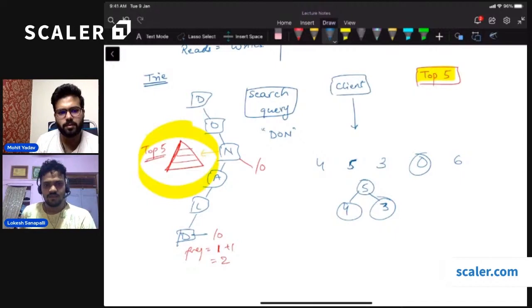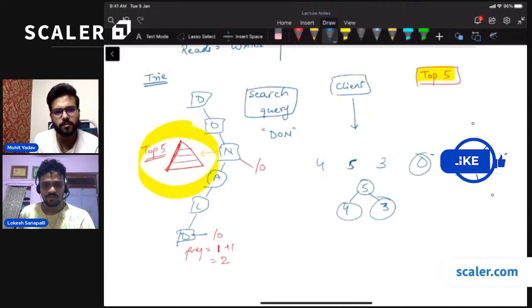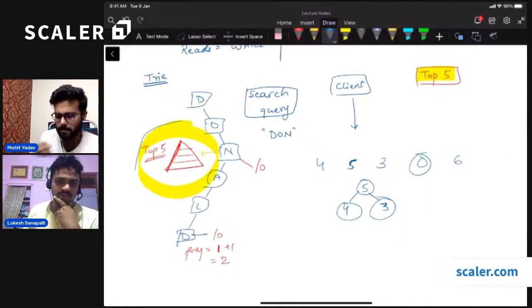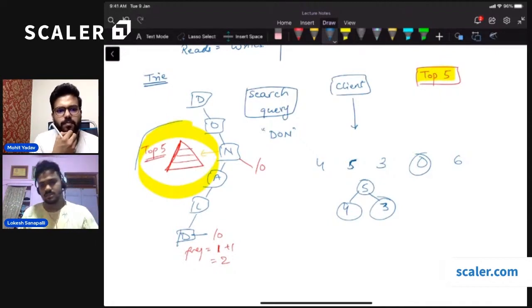Yeah, that's true. So when 6 came, we'll check with 3. If it is greater, then yeah.